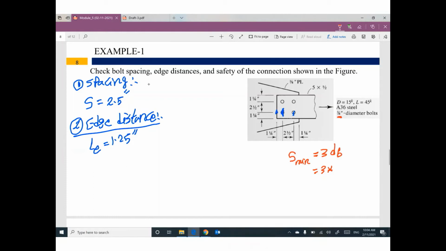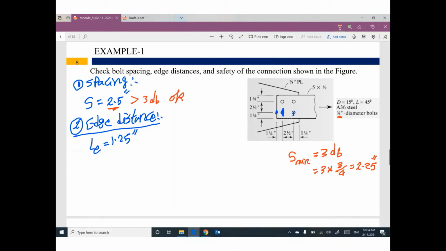So 3 times 3/4, what is the distance? 2.25 inch. Is the given distance smaller than the minimum one? No. So this one is greater than 3D. We are good. No problem.